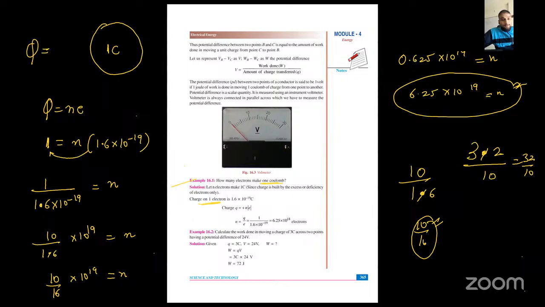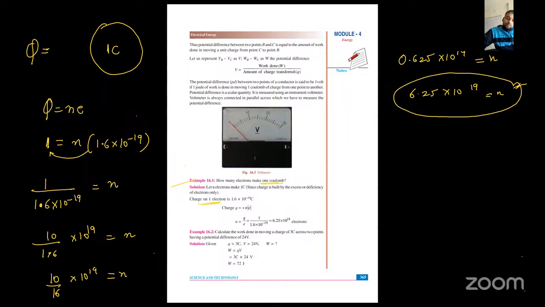Do you understand? Ask me. No, I still didn't understand. Okay. So, for example, 2.4 is given.